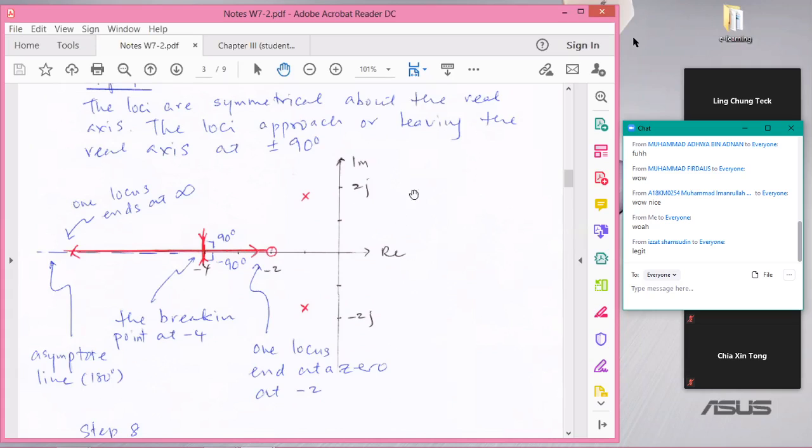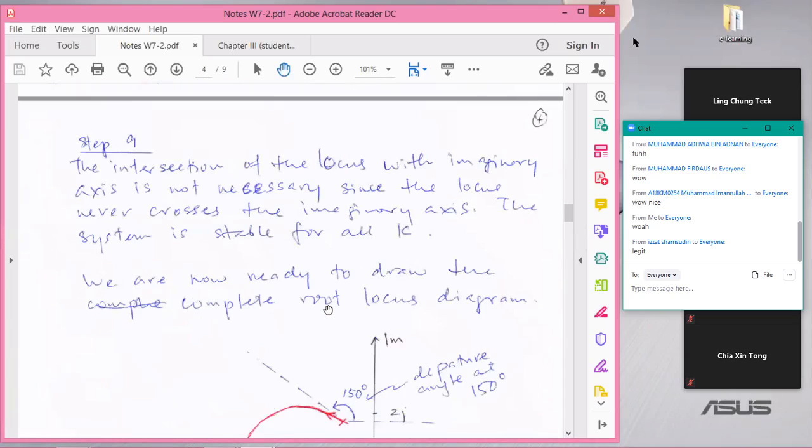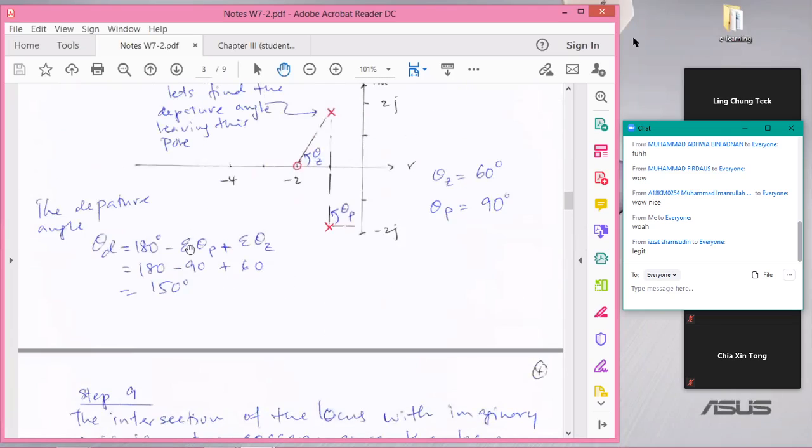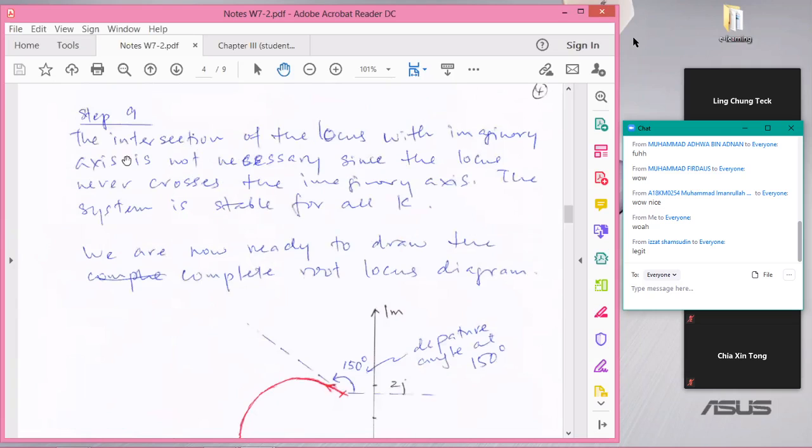There will be no locus to the right of the imaginary axis, so there's no need for us to go through step 9. The intersection of the locus with the imaginary axis is not necessary since the locus never crosses the imaginary axis. The system is stable for all k.